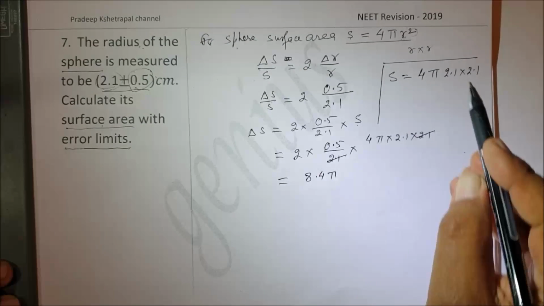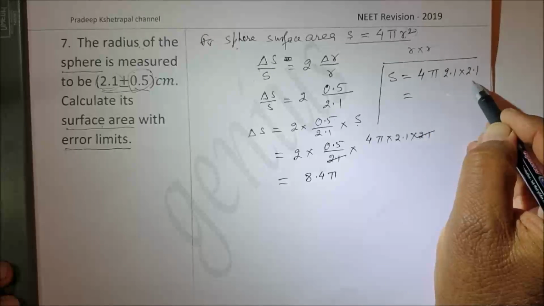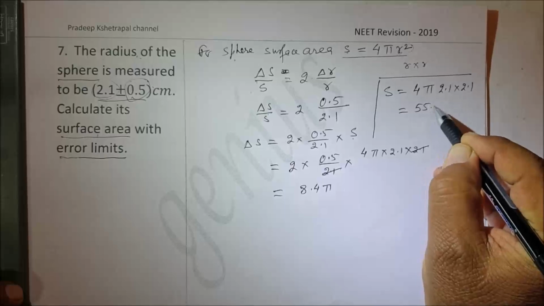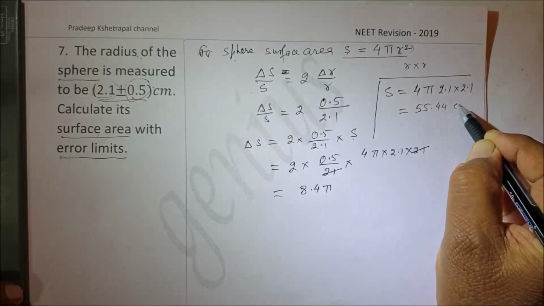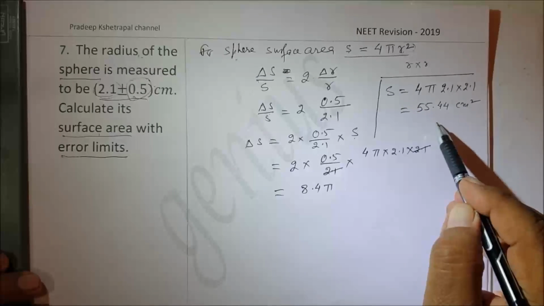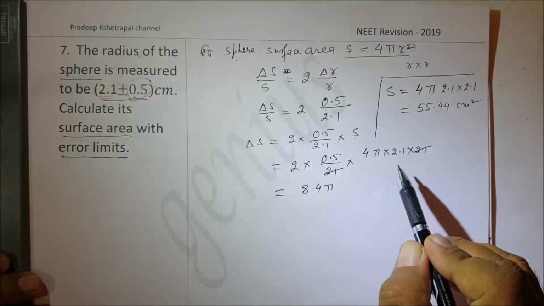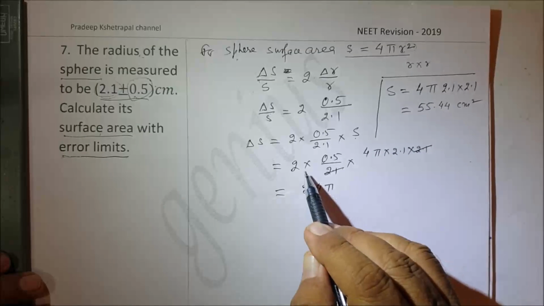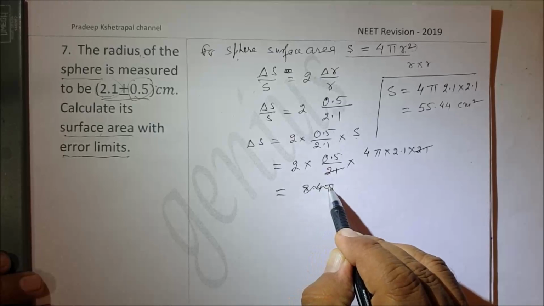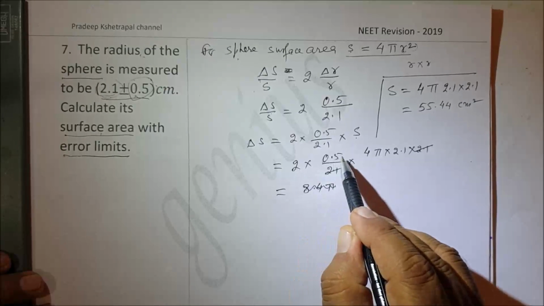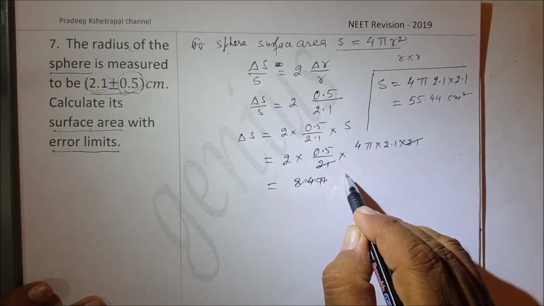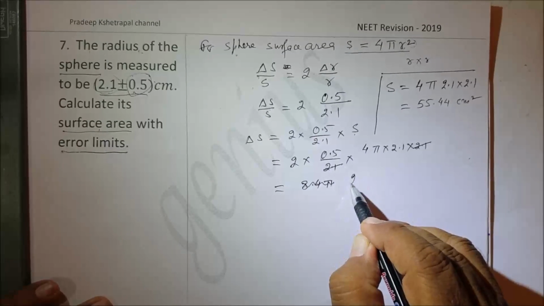So what will be our answer? If we calculate this, then it comes out to be 55.44 centimeters square. So this is the surface area. Now if you put that value here, it will be again 2 into 0.5, and that comes to be 26.4.